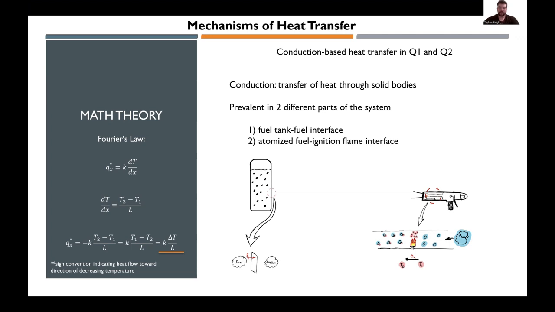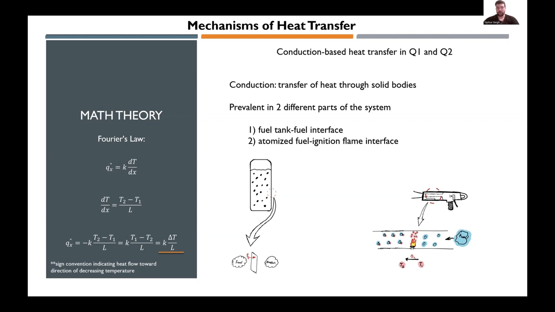On the math side of things, this gets modeled through Fourier's law. Fourier's law states that the heat flux in one dimension is equal to K, the thermal conductivity, an intrinsic property, multiplied by the temperature gradient. The temperature gradient will be expressed as T2 minus T1 over L, since this is in one dimension.